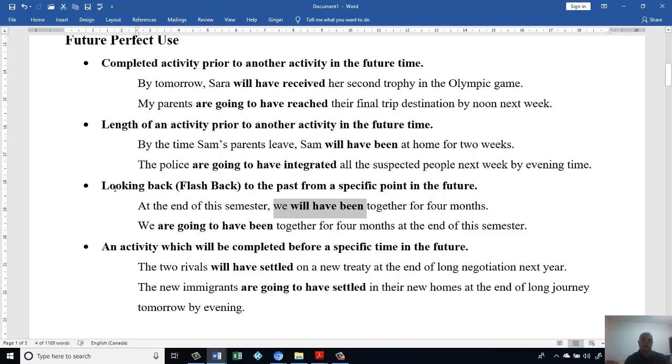Then from the end of the semester, we look to the past, which is also going to be in the future. We will have been together for 4 months. Second sentence: we are going to have been together for 4 months at the end of this semester. The same thing, but we changed the position of the indication of the future.